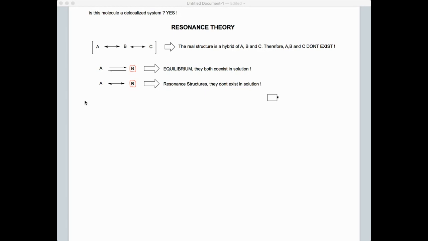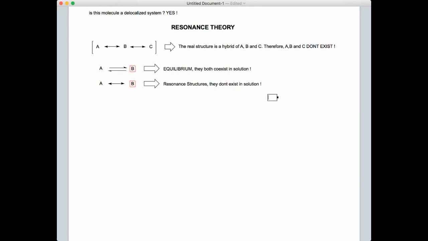So the next thing to discuss here is how we are going to draw all these structures. This is what I called the language of resonance. Now we agree that for any delocalized system, we need to use more than one structure, and we're going to relate them by this double-headed arrow. So how can we build those structures?